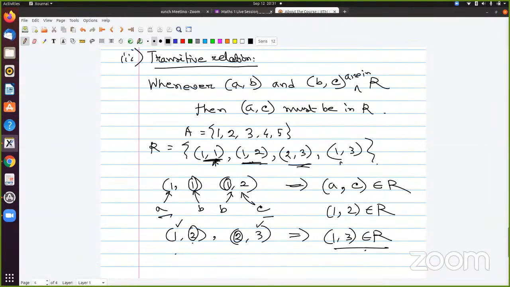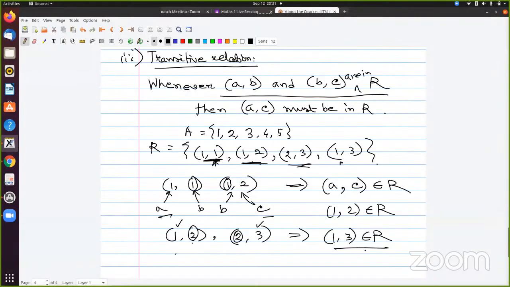Because we need this condition to be satisfied first. We should have two elements for which the second element of the first pair and the first element of the second pair are the same. Then only we can check. Otherwise, we don't have to check. So for the third element, we don't have to check anything.